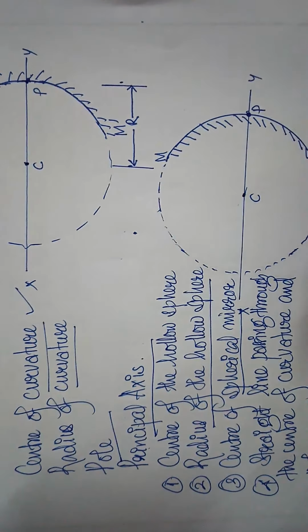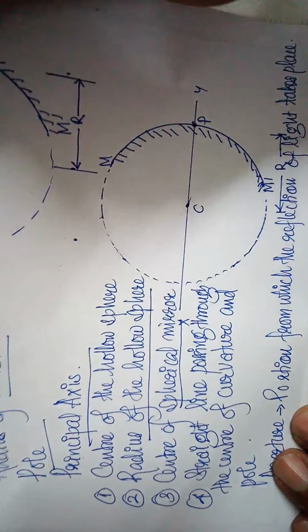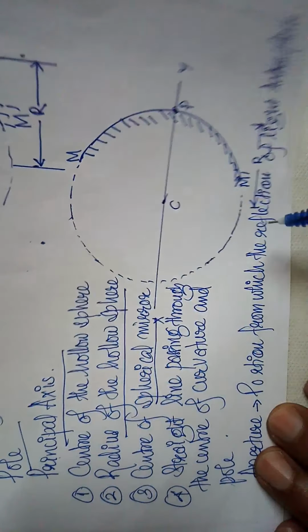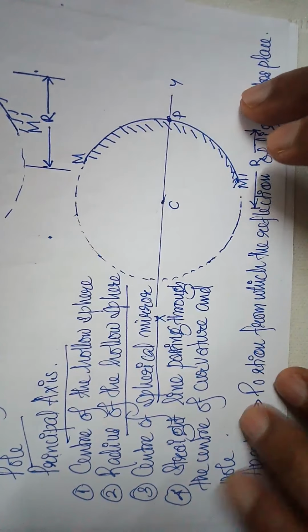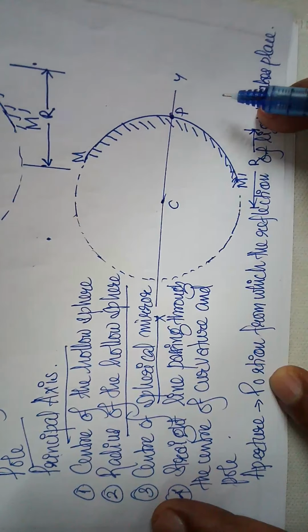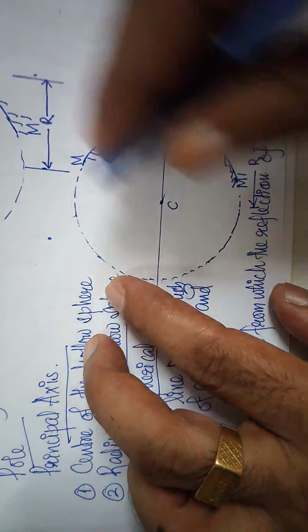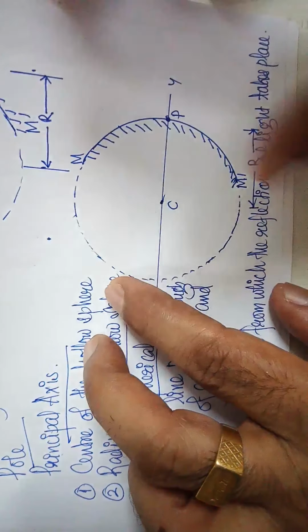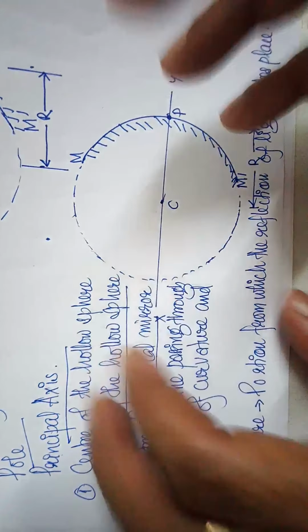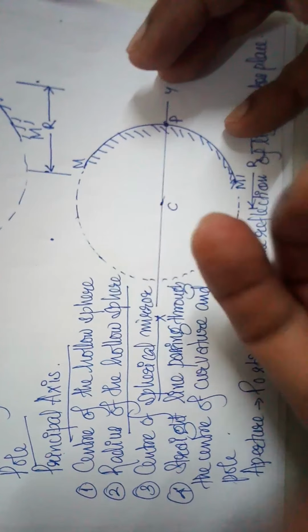Aperture is that portion of the mirror from which the reflection of light actually takes place. Means the area of the mirror.